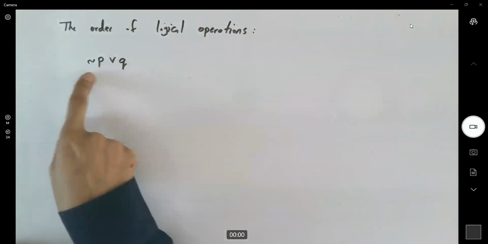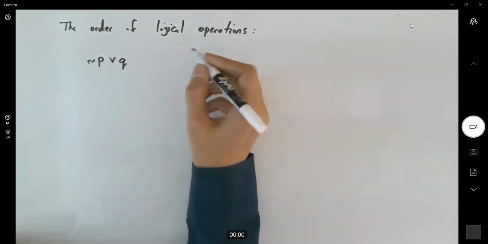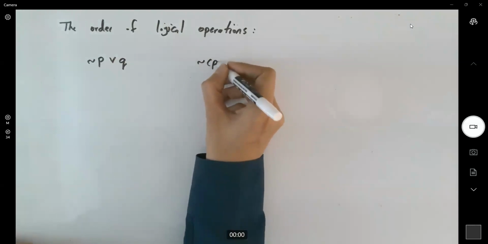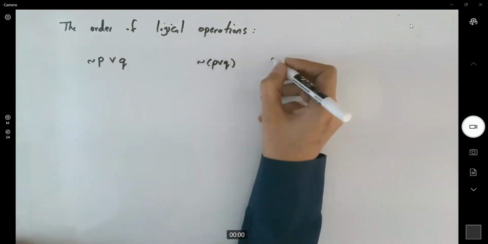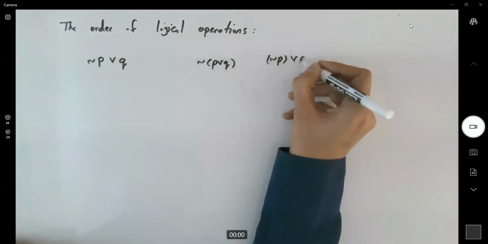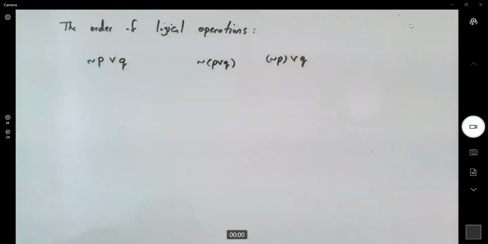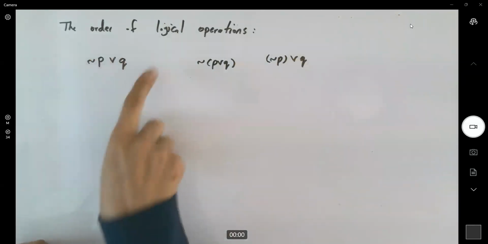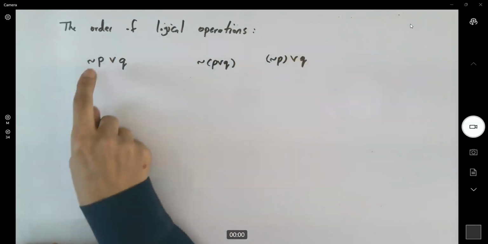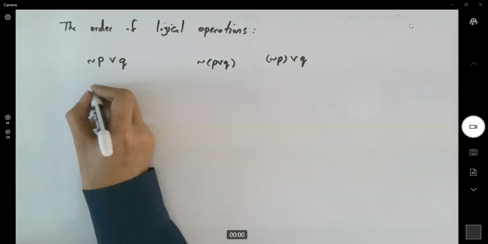Negation comes first, or comes first? Is this not P, or Q, or is this not P or Q? Which case is this? When it comes to statements like this, between negation and or, negation comes first.